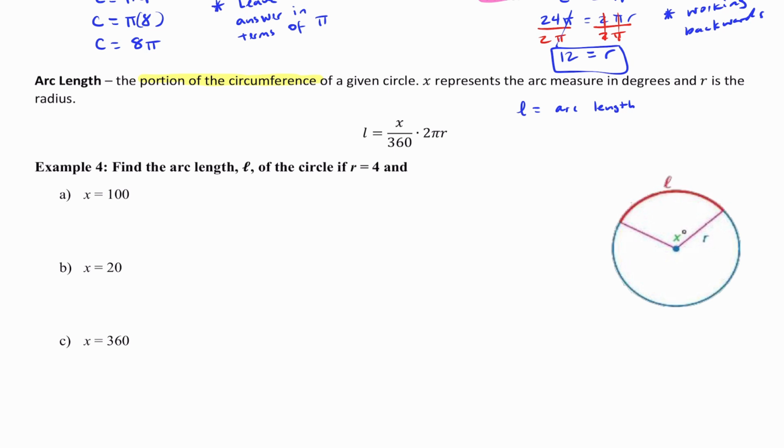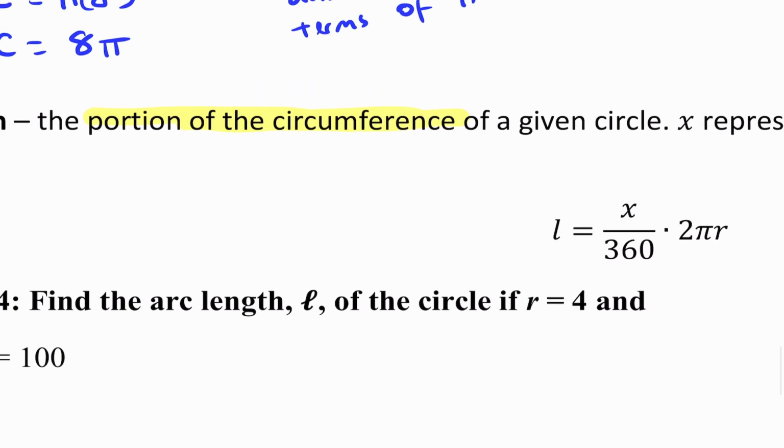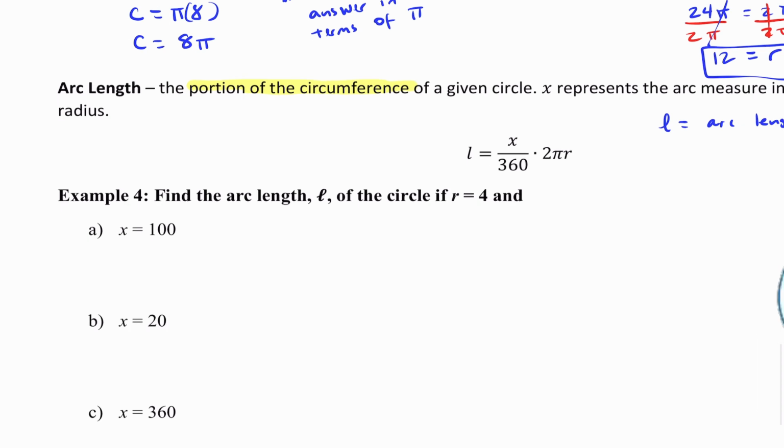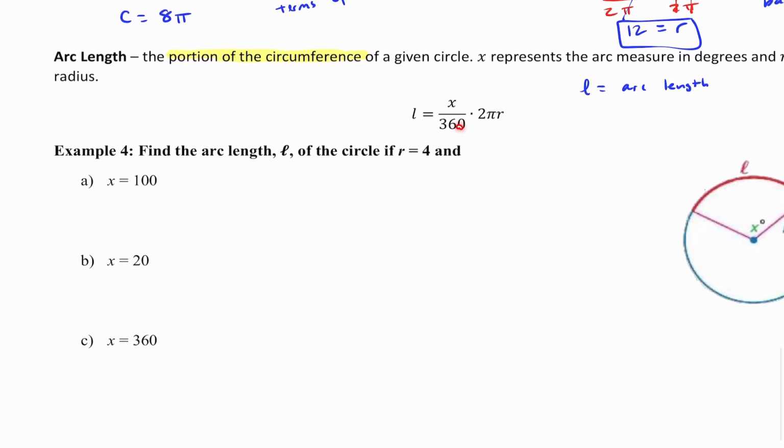But we're not dealing with degrees. We're figuring out the arc length, the portion of the circumference here. So we're going to use this formula. We're going to write L equals 100 over 360 times 2 pi, and the radius is 4. So 2 pi 4. Based on what I wrote here, I can multiply the 2 and the 4.